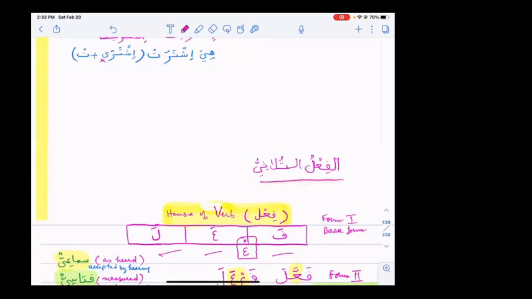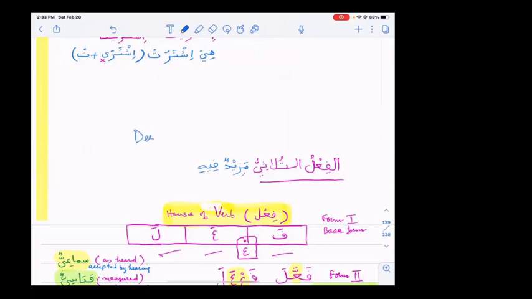And then we say Mazid Fihi. Now it is no more pure. It has something added to it, and that is Mazidun Fihi. Al-Fi'lu Thulathi Mazidun Fihi.